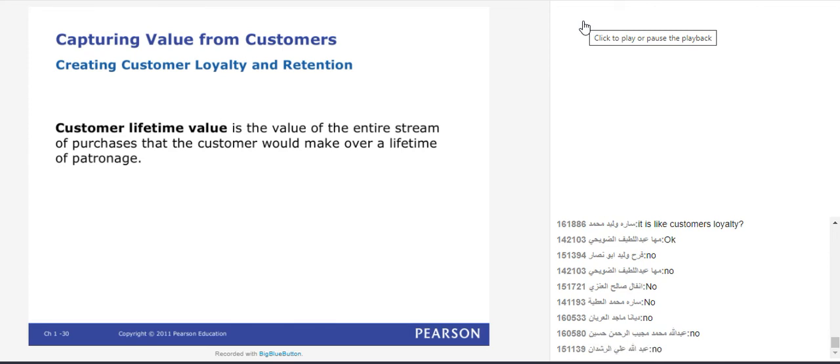Okay. Creating customer loyalty and retention. Take care that now we move to capturing value from customers. We go back to this.